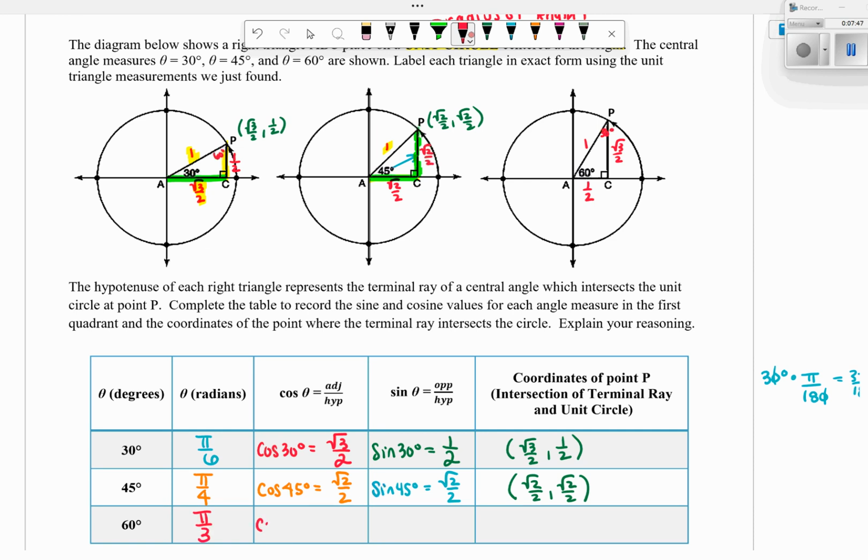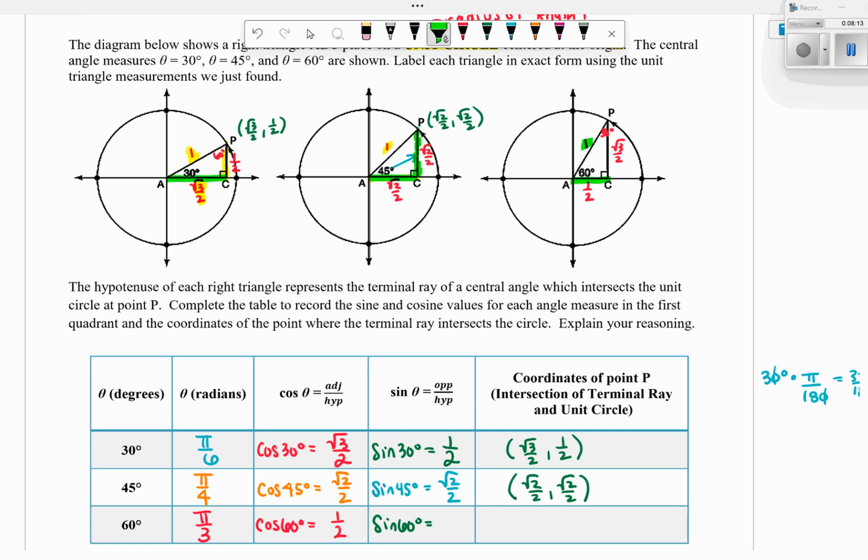So if we want the cosine of 60 degrees, or pi over 3, that's the adjacent over the hypotenuse. So in this case, the adjacent is 1/2, the hypotenuse is 1, so that means that this is equal to 1/2. Then the sine of 60 degrees would be equal to the opposite over hypotenuse.